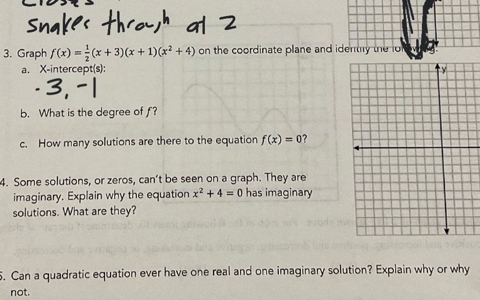And then what are they called? The paper agrees with me. So the x-intercepts would only be at negative 3 and negative 1. That's the only place it crosses the x-axis.